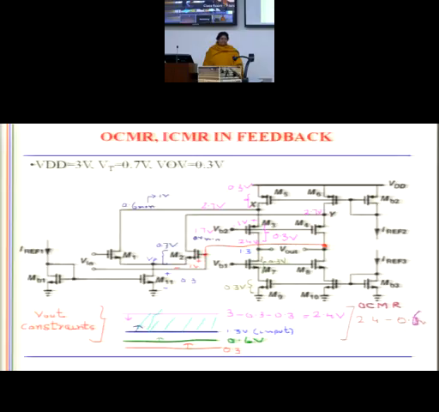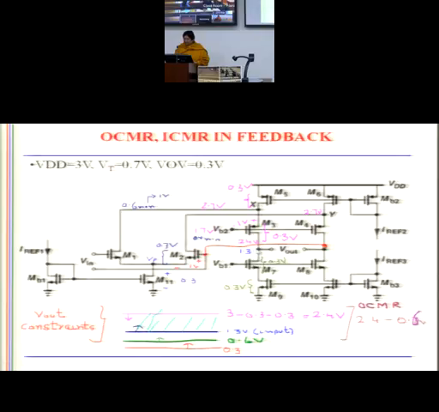What is the OCMR? Now, very carefully. It's shown in the slide also. OCMR means this output. So to the ground, how many paths? One path. So 0.3, 0.3, 0.6. Lower limit. You also have a lower path to ground. Look here, this way down. This is also with respect to ground.